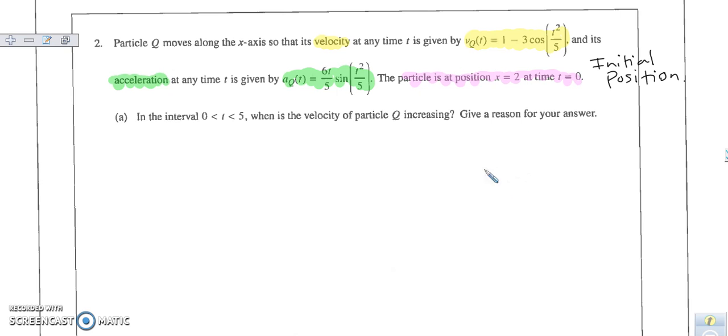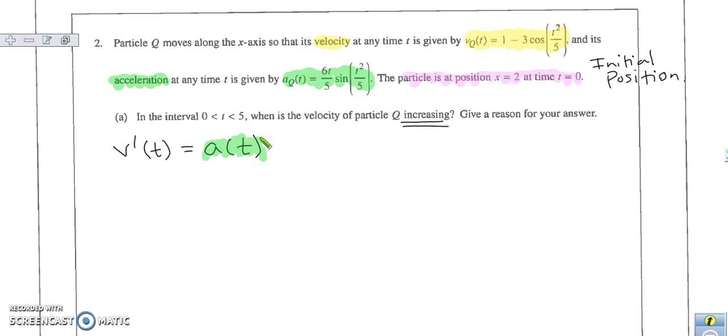So the nice thing about this problem is that they give you the acceleration, and we know that if we're talking about velocity increasing, we're talking about the derivative of velocity, and we know that the derivative of velocity is acceleration, and they gave us acceleration.